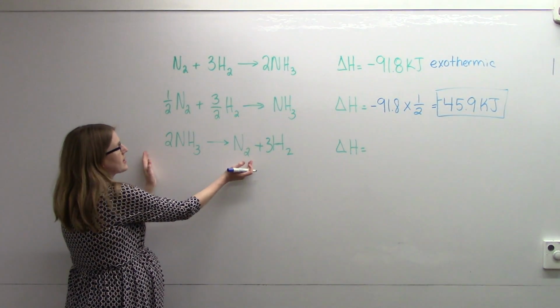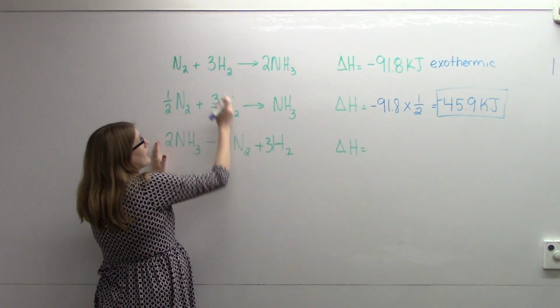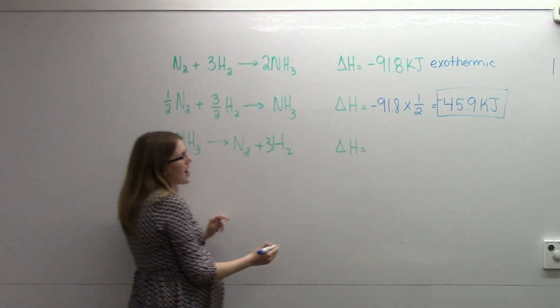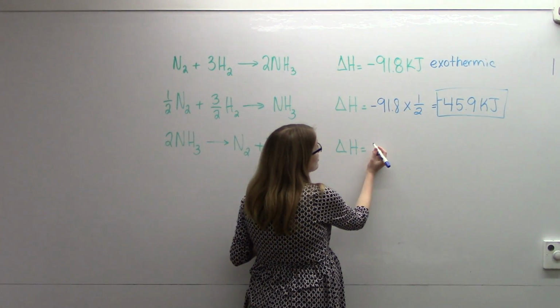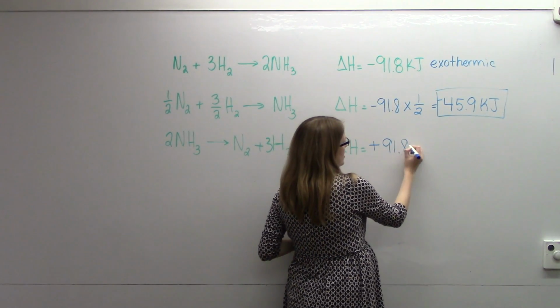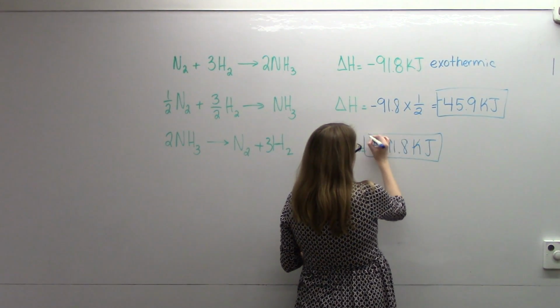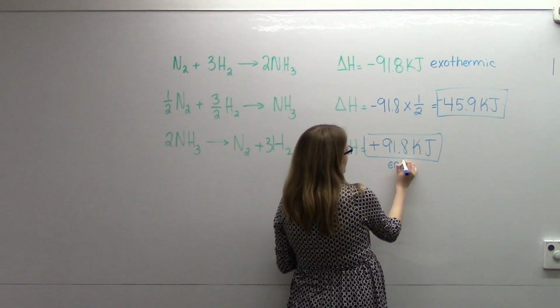So it's still the exact same number because the numbers in front match, but it's the exact reverse reaction. So instead of having a negative 91.8, it would be a positive 91.8 kilojoules. There's your answer. And this reaction would now be endothermic.